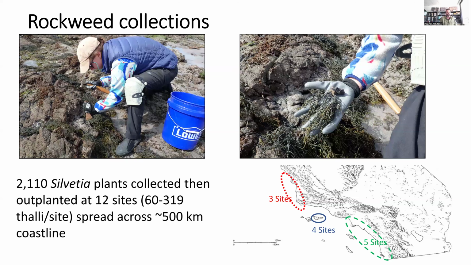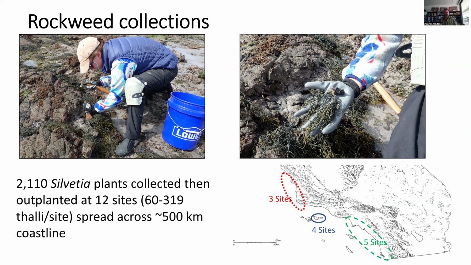So in an effort to restore the Sylvicia, we identified the healthy Sylvicia populations, as I mentioned, for donor sites, and we extracted fertile adult plants. So I'll mention later in the presentation that I did some work for my master's that explored different factors that affect restoration success for rockweed, and we found that adults had higher success as survival.